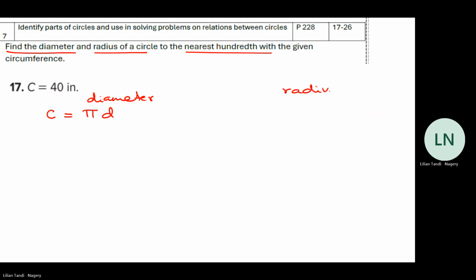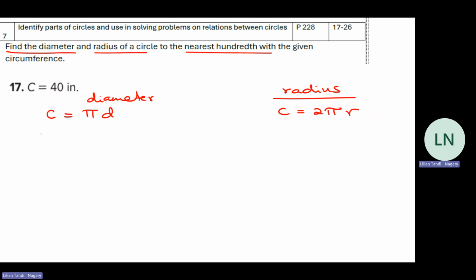Right. Here, the question says find the diameter and radius of a circle to the nearest hundredth with the given circumference. So Kanun says what? Circumference equals pi d. I want to find diameter. And if I want to find radius, I am going to use circumference equals 2 pi r.